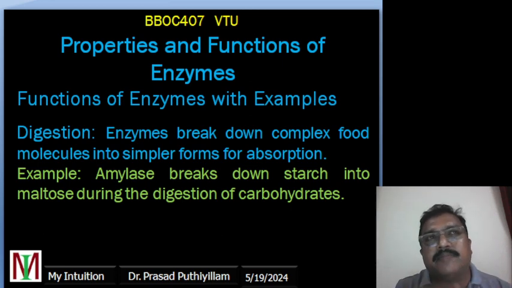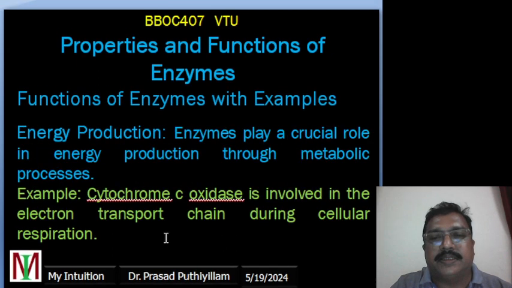Digestive enzymes act like a blender. They break down complex food molecules into simpler forms which our body can absorb. The example given here is amylase. Amylase is a master baker, breaking down starchy foods into smaller sugars which our bodies can easily use. That is one example of digestive enzymes.